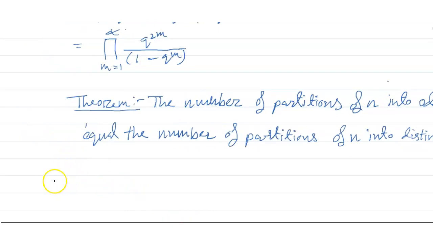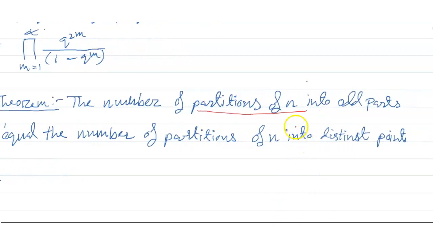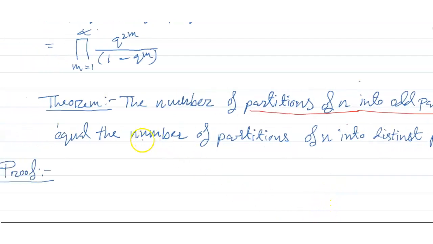So now let's start the proof. Whatever we see, the number of partitions of n into odd parts equals the number of partitions of n into distinct parts.